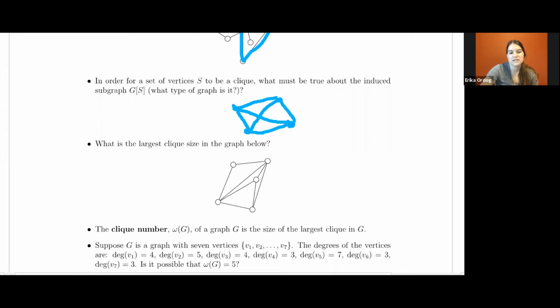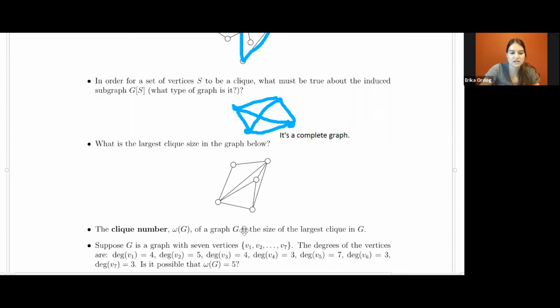Do we recognize this type of graph? This is the complete graph, on whatever number of vertices we have. Remember, that's the graph where each pair of vertices is adjacent, so each pair is connected by an edge.